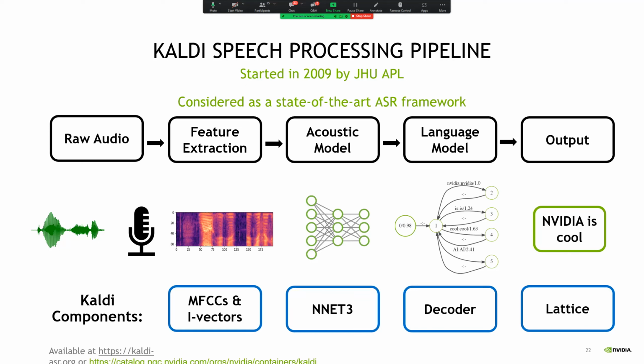But there's a variety of steps from taking raw audio and turning it into an actual sentence, so you have the raw audio and you do something called feature extraction. Then there's an acoustic model, ultimately a language model. And so there's different KALDI components that represent each one of these things.